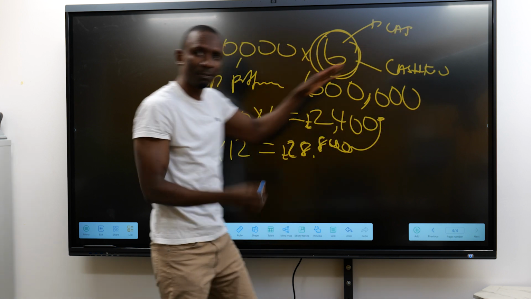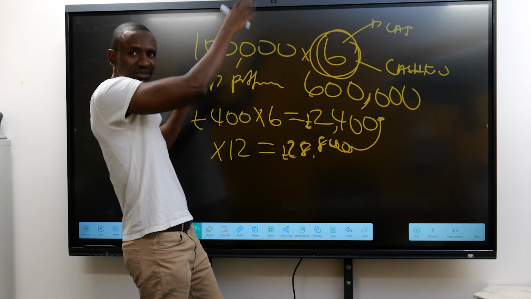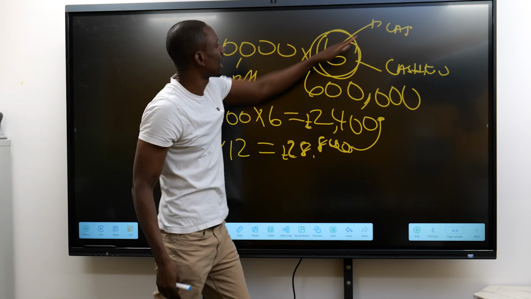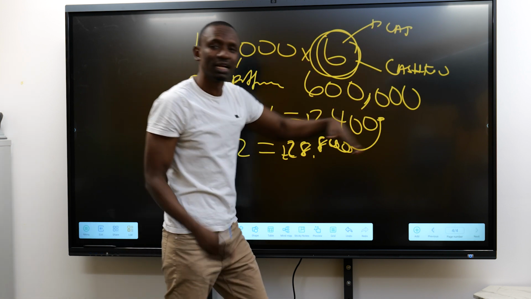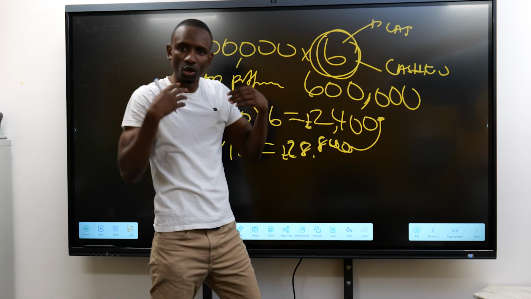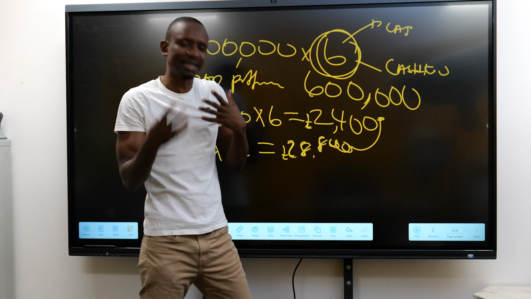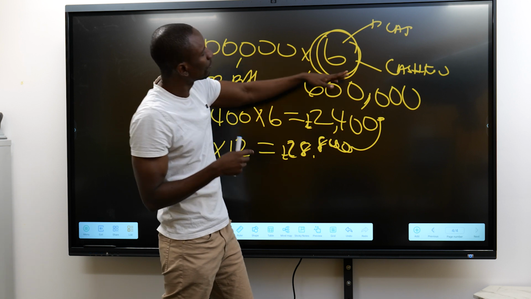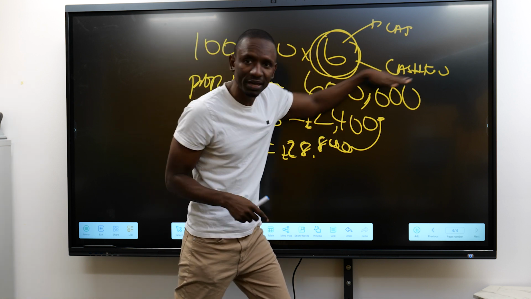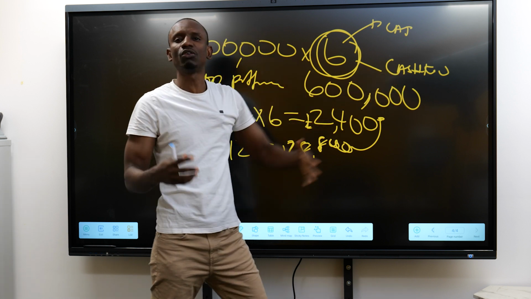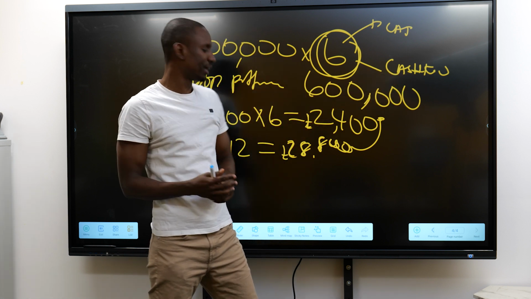Capital appreciation, remember when you bought your property, it went up 10% every single year. The same thing applies to the 6 properties that you would have bought as well. As well as the beauty of it, as opposed to your home where you're living, you're not making any money from it. But with these 6 properties, you're able to actually make money every single month by renting them to individuals.